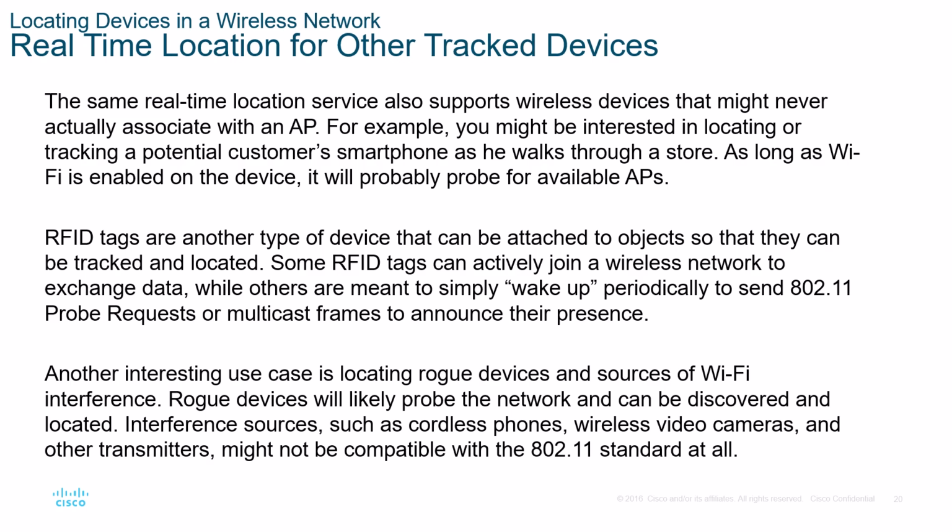In the same way, real-time location services also support wireless devices that might never actually associate with the APs. You might be interested in locating a potential customer's smartphone as they walk through the store. RFID tags are another type of device that can be attached to objects so they can be tracked and located as well. We're not always looking at an individual technology-based asset like a computer or laptop.